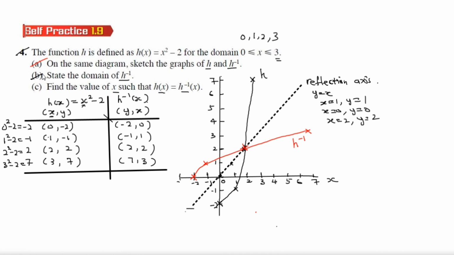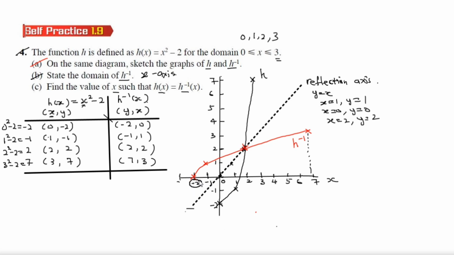State the domain of H inverse. Okay, look at H inverse. If you refer to this diagram, the domain refers to the x-axis. Look at H inverse, it starts from negative 2 and then extends until 7.